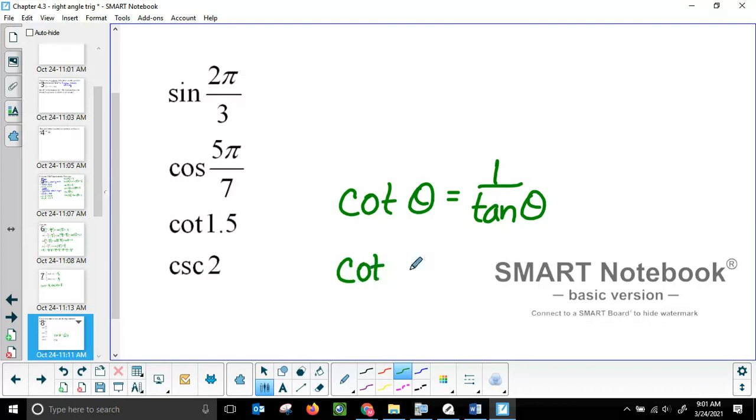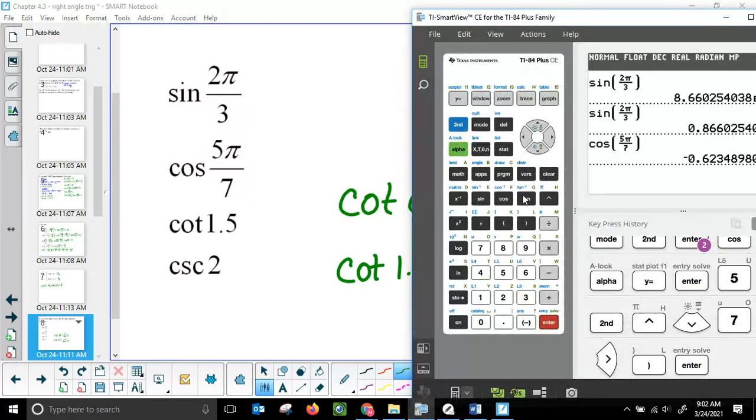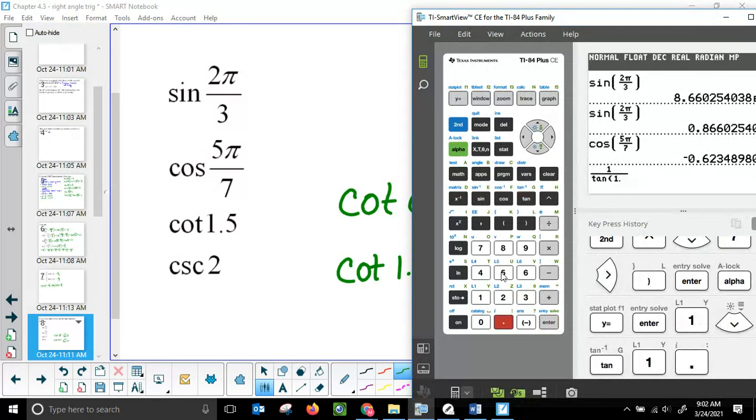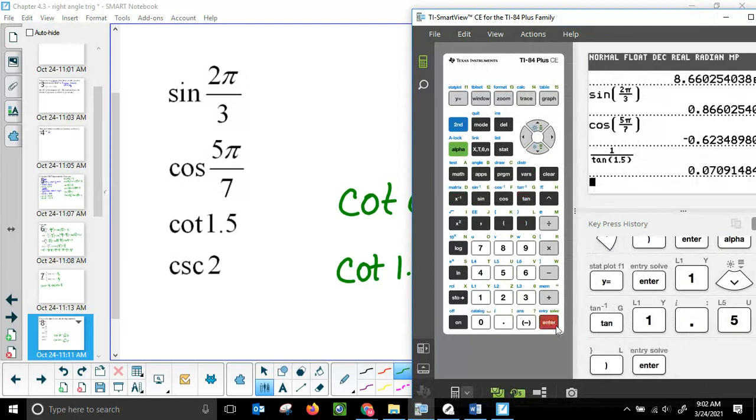So if I want to find cotangent of 1.5, all I have to do is say 1 over tangent of 1.5. We can do that with our calculator: 1 over the tangent of 1.5, boom, 0.071 if you round it to 3 decimal places.